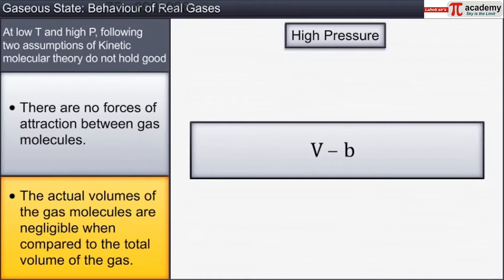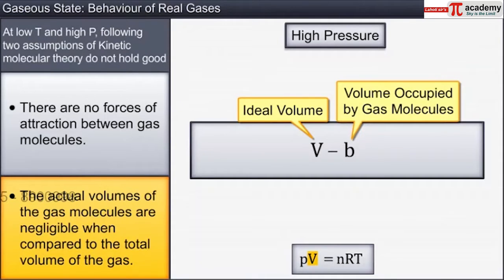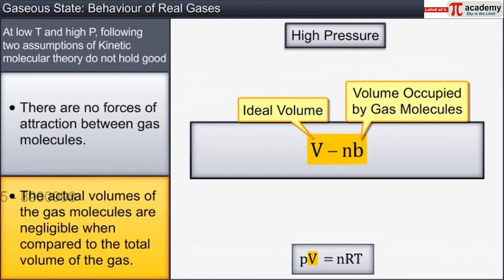Hence, the volume V in the ideal gas equation is corrected as ideal volume minus the volume occupied by gas molecules, that is, V minus b, and for n moles of the gas, it is V minus nb.